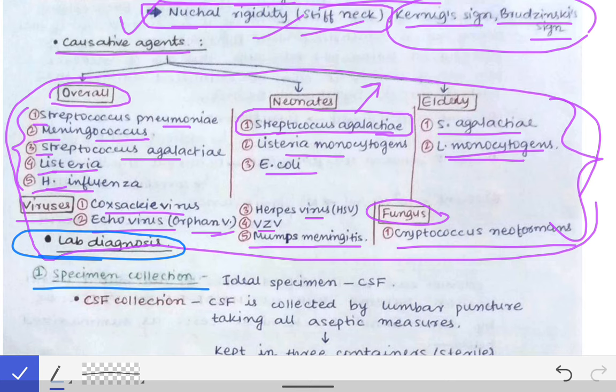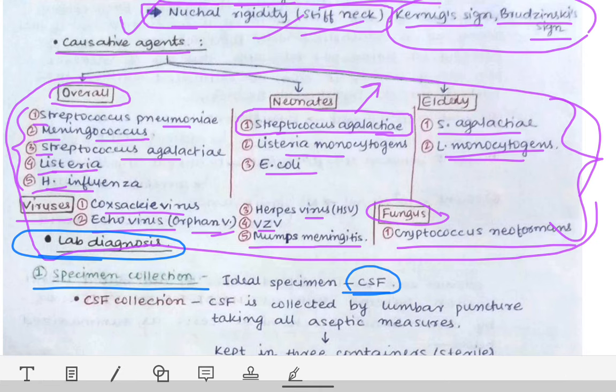So what will be the sample for us? The specimen of choice will be the CSF, because the infection is occurring in the meninges, and close to the meninges is the CSF. So the changes will be found in the CSF. That's why CSF is the ideal specimen.